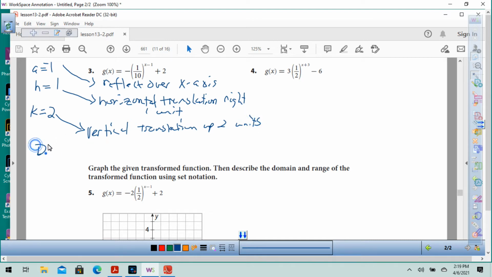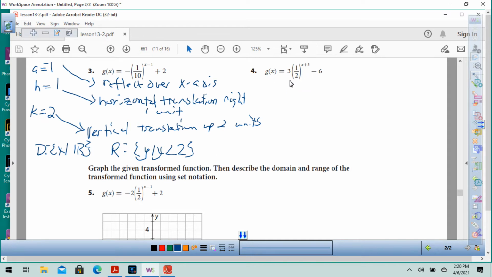And domain is going to be x such that x is all real numbers. And the range is going to be y such that, all right, a is negative, so that's going to be y is less than, and k is 2.